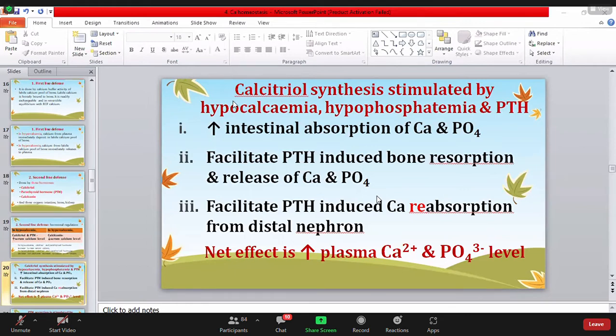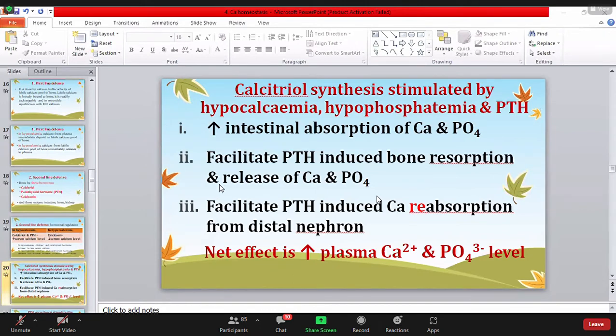Now what happens? Calcitriol increases intestinal absorption of calcium and phosphate. This calcitriol has functions on intestine, bones, and kidney. How? On intestine, it increases intestinal absorption of calcium and phosphate. On bones, it facilitates parathyroid hormone-induced bone resorption and release of calcium and phosphate.